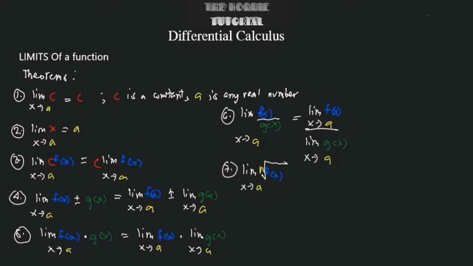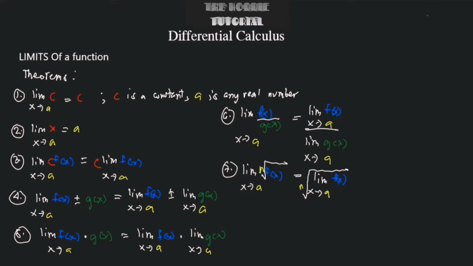So how do we evaluate this kind of limit? It's simple. We need to evaluate the inside function first, f of x, as x approaches a, and then once we have evaluated that, we put the radical sign n over it.